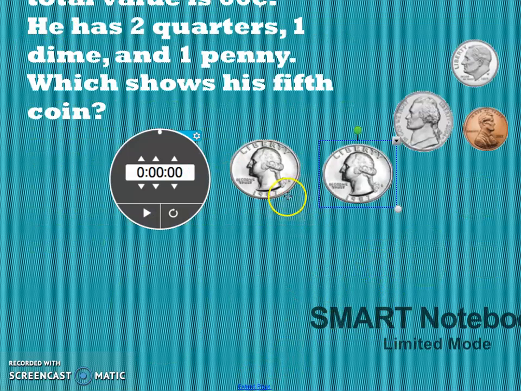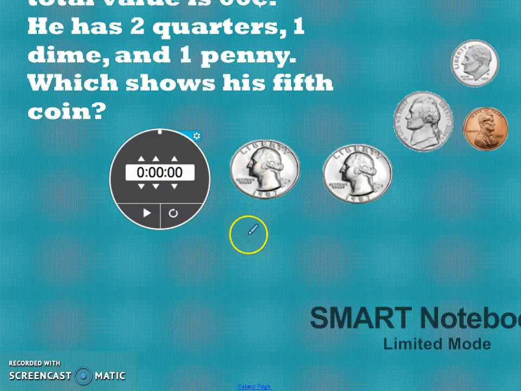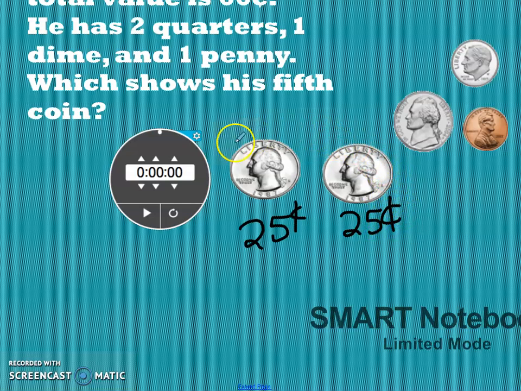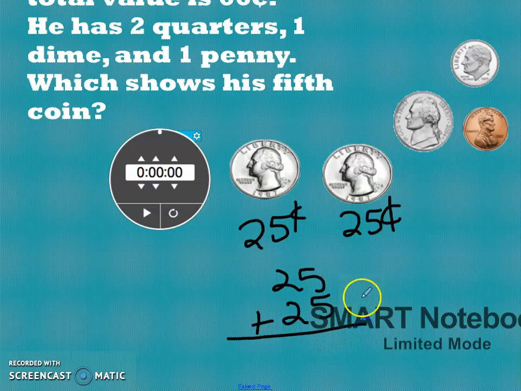So remember, we know the value of a quarter is 25 cents. So we have 25 cents and 25 cents. So the value of 2 quarters is, we're going to add 25 plus 25. 5 plus 5 is, yes, 10.